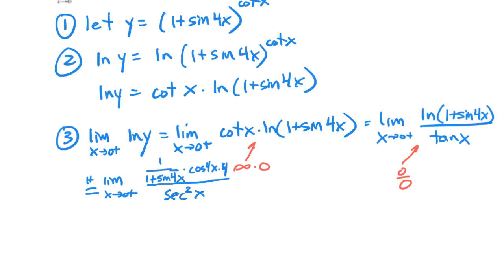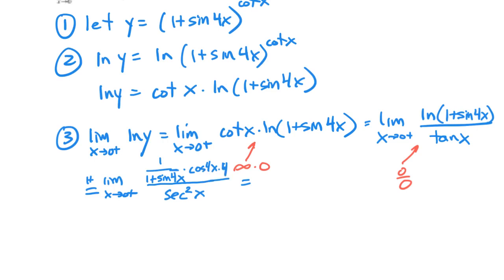And now, let's see what happens if we take the limit. Well, as x approaches 0, this is going to be sine of 0, which is 0. So you get 1 over 1. So this is just 1. Cosine of 4 times 0 is cosine of 0. That's also 1. And this is just 4.